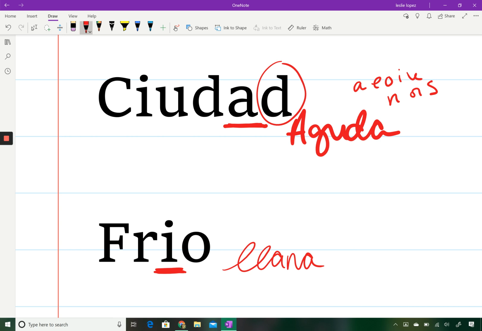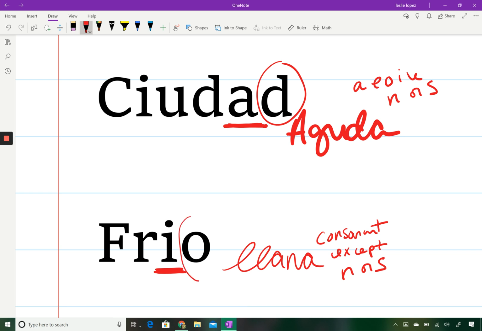Now, keeping with all the rules that we have learned thus far, las palabras llanas llevan tilde when they end in a consonant that is not N or S, right?